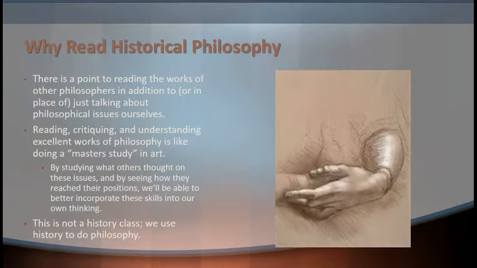We can do something so similar in philosophy. By studying what other people, these particularly brilliant historical and contemporary figures, thought about these questions and issues, and by seeing how they reached those positions, we'll actually be able to start noticing strategies and methods and sides to issues that we may not have otherwise thought about.